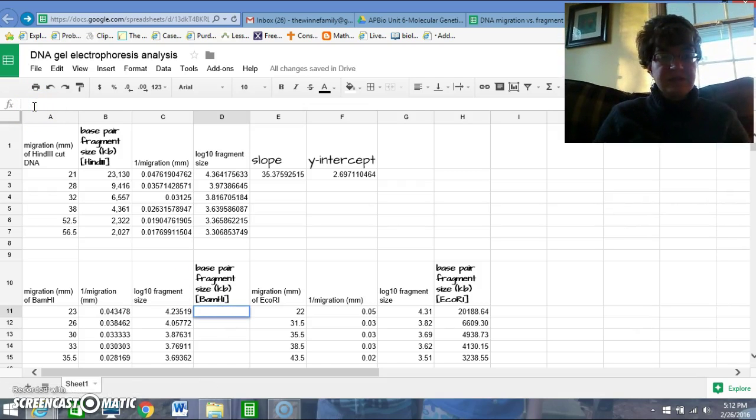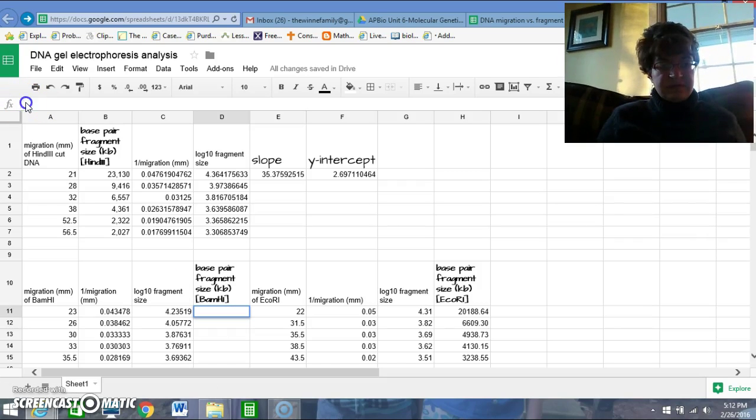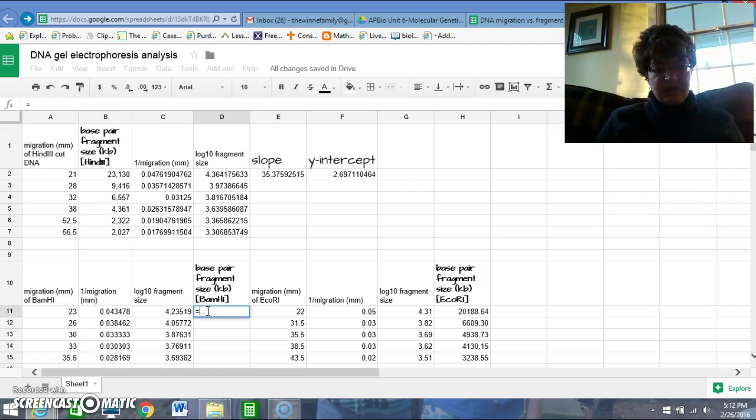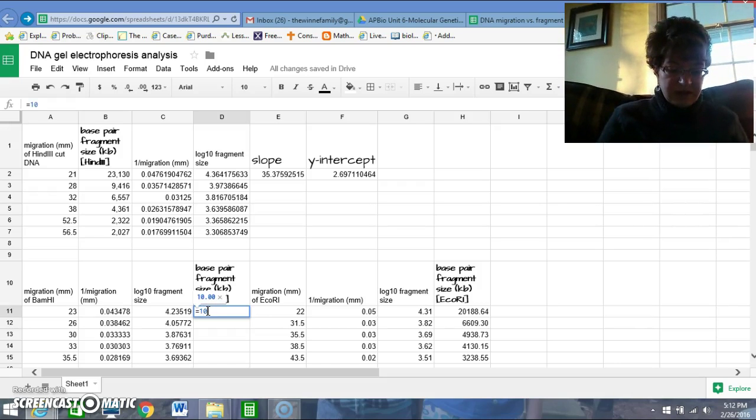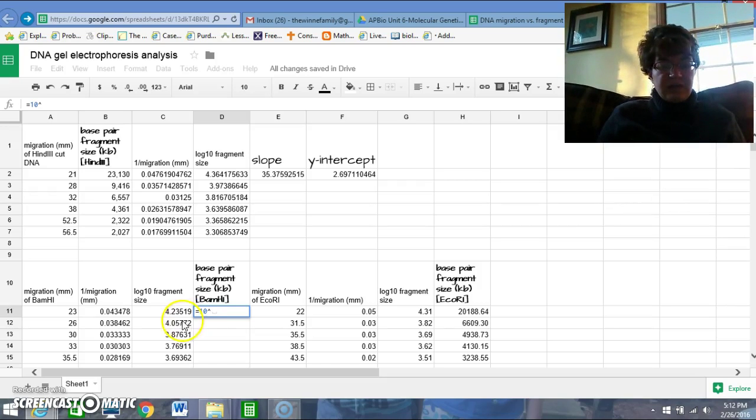So I use my equal sign. And that needs to be 10 raised to the, so I'll do shift 6 to get my caret, raised to the log base 10.